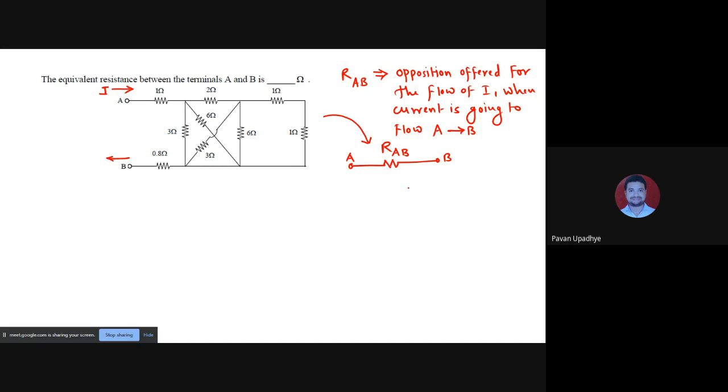And if you achieve that, you have found out the resistance between A and B.